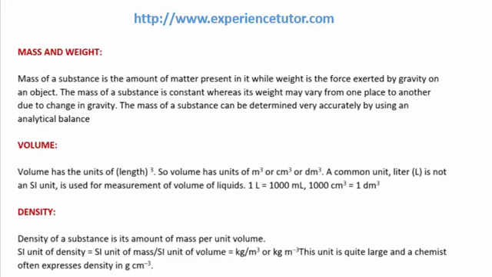Density. Density of a substance is its amount of mass per unit volume. SI unit of density is equal to SI unit of mass divided by SI unit of volume, which is kg per meter cube, or kg m to the power minus 3.